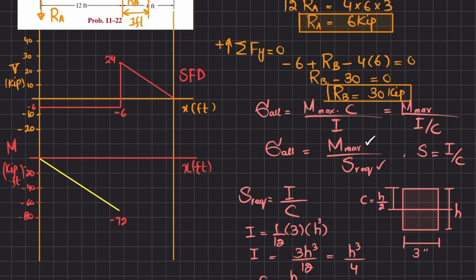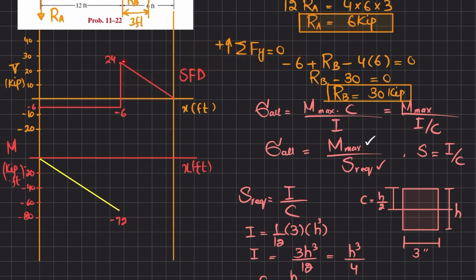Now the second area under the shear force diagram is this area, and you can see this is a triangle. So 1 over 2 into its height, which is 24, and length is 6 feet, and that will be equal to plus 72. So minus 72 plus 72 will bring it to 0 at this point.